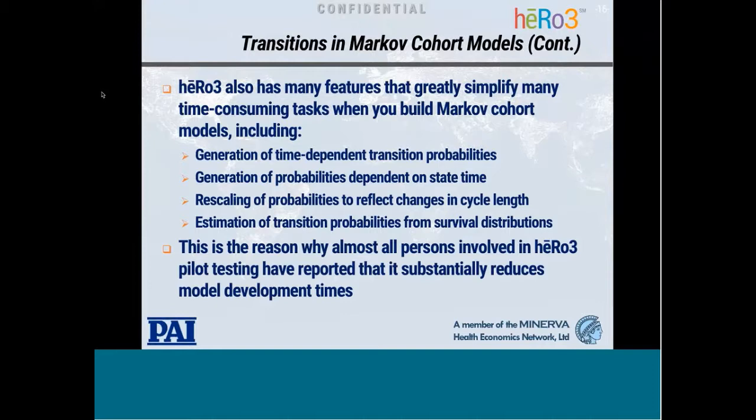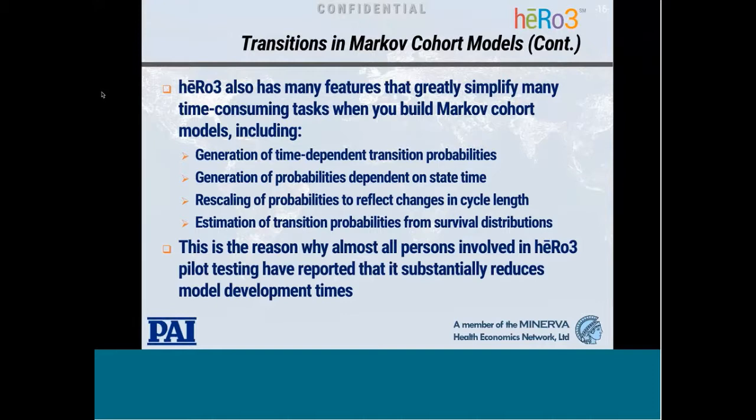Some additional aspects of building Markov cohort models which heRo3 makes convenient. One of them is handling time-dependent transition probabilities. We have a keyword that you can quite simply reference to define time-dependent transition probabilities. In Excel, if you want to do that, you've got to manually create a transition matrix for every single cycle for which those transition probabilities differ.